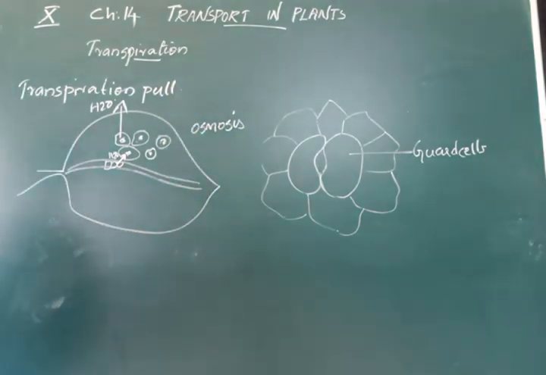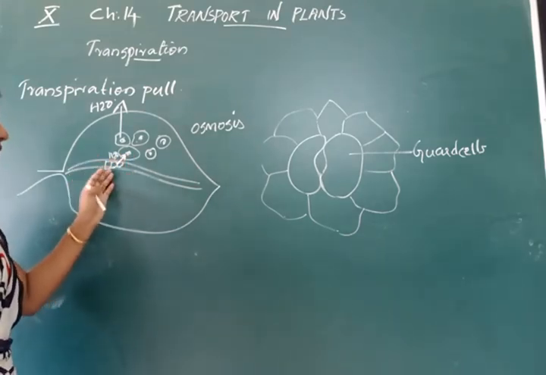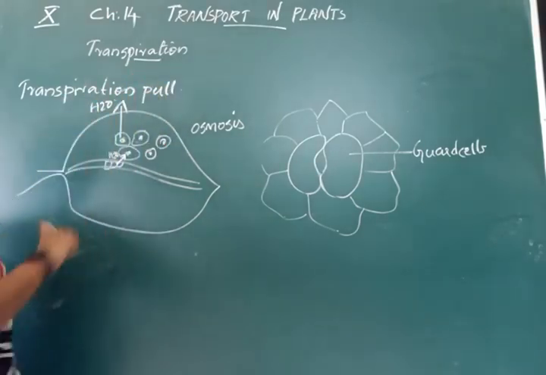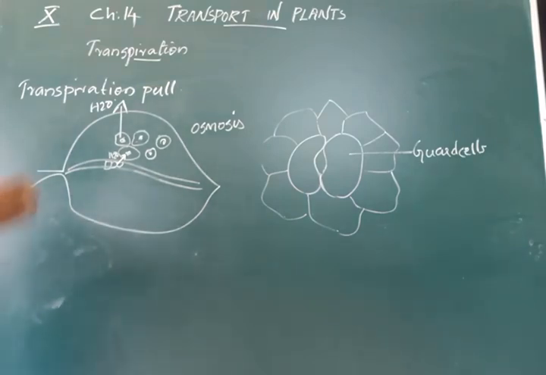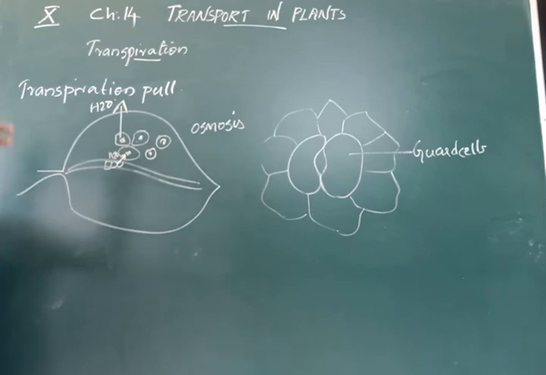When this water moves from the xylem to the mesophyll cells, they exert a pressure. As water is lost from the leaves, a pressure is created at the top of the plant. This pressure reaches the root tip also.